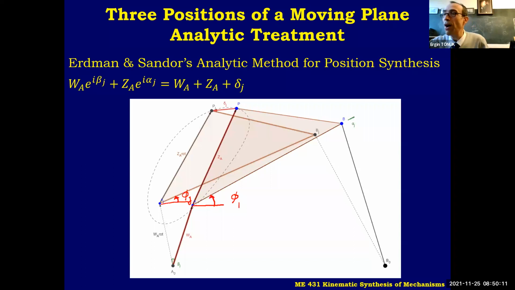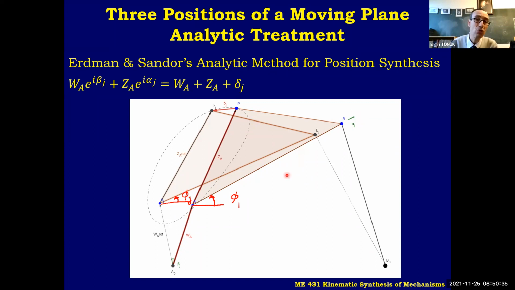So phi j minus phi 1 for our case is negative because phi j is smaller than phi 1. So the plane is rotating clockwise, and alpha j is that angle whose magnitude for this specific case is negative.